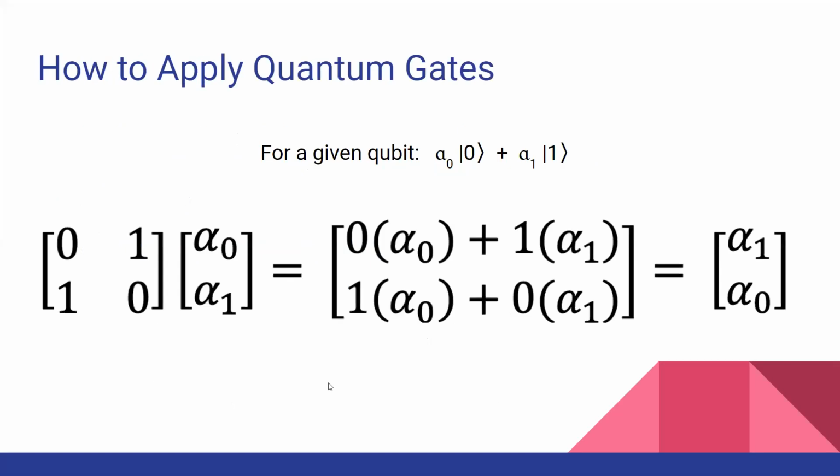If we look at the computation, if we have some qubit (alpha 0, alpha 1), where alpha 0 is the 0 state and alpha 1 is the 1 state, we can do matrix-vector multiplication and apply this vector to this gate. You can see the result over here, where the positions are flipped. So they end up flipping the probability amplitudes.